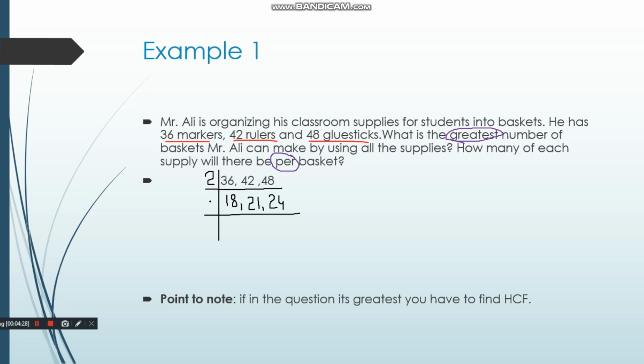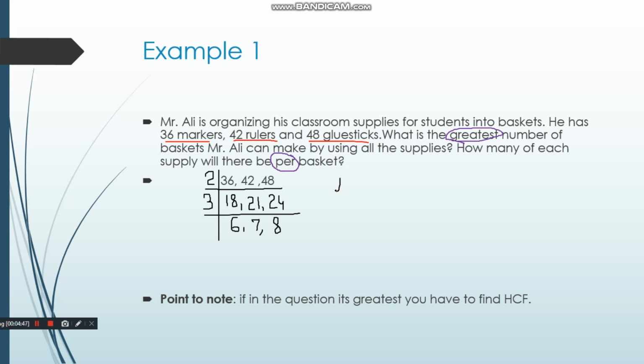Now you are going to check whether all these 3 numbers go with the same table. Yes, they are divisible by 3. So let's divide by 3. 3 is your divisor and you will get quotient 6 underneath, then 3 sevens are 21 and 3 eights are 24. So what is the greatest number of baskets?